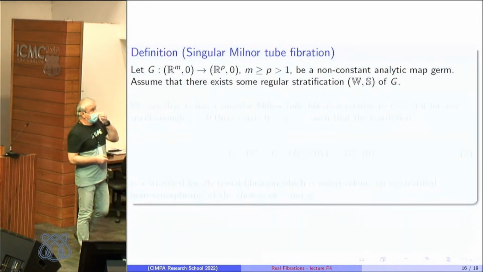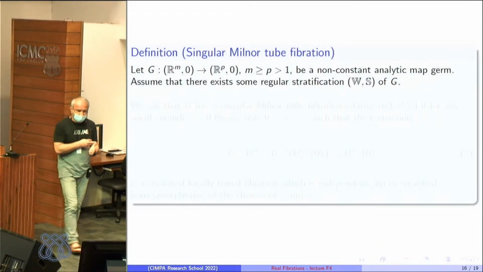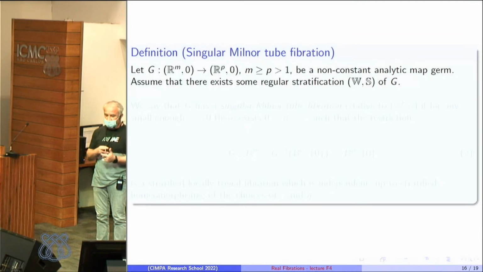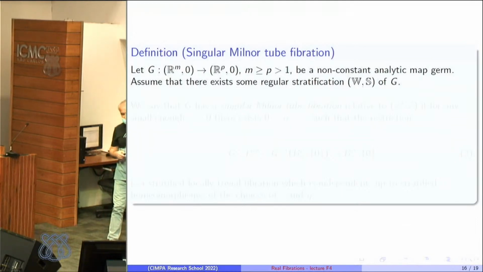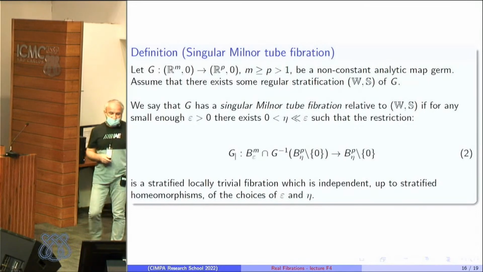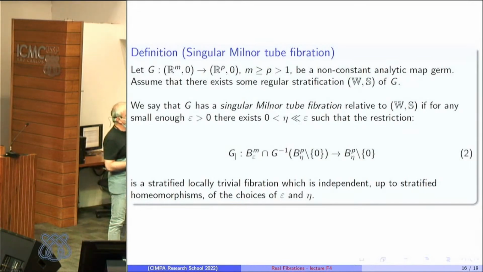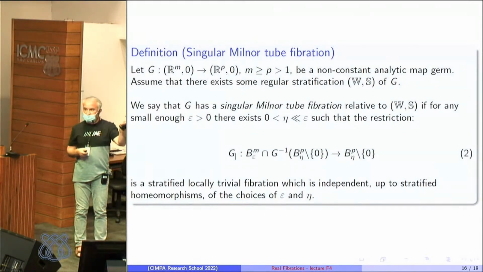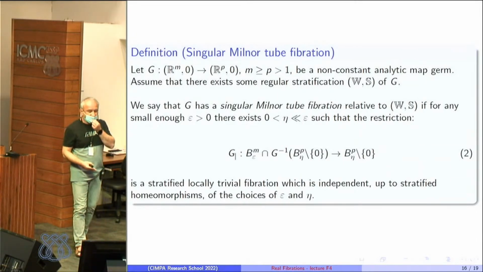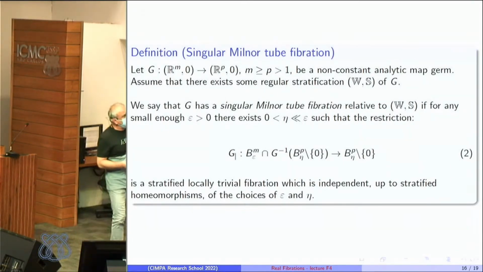And now, in this context, once we have a stratification for the source, W, and a stratification for the target, S, which are regular, which are good for G, you have a regular stratification (W, S) for G. The definition says that G has a Milnor fibration if you can find small balls, one in the source, one in the target, epsilon, and usually the one in the target is taken very small so that everything goes fine.